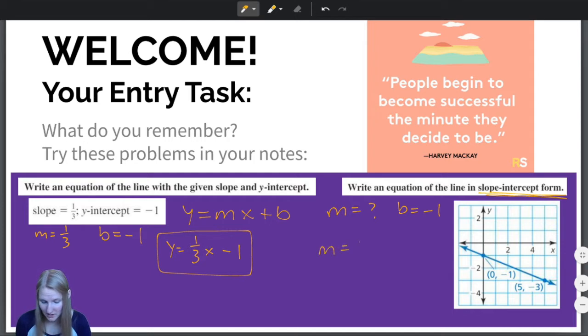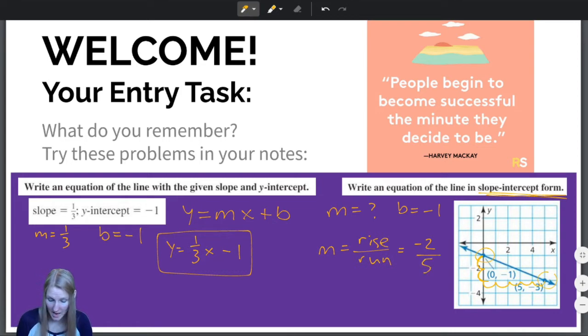Remember, m is rise over run. Slope is rise over run. So we rise between the point on the left and the point on the right. We rise -2, or we go down 2, and we run 1, 2, 3, 4, 5.